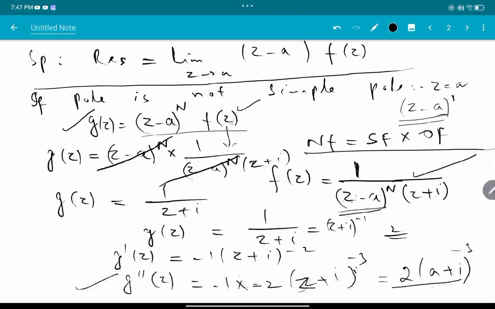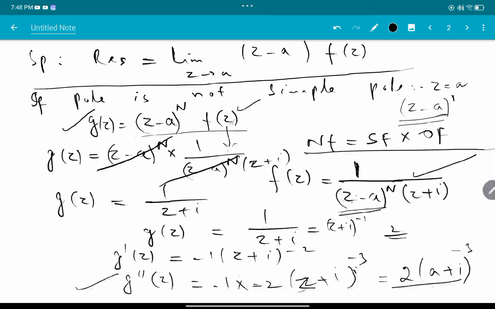This will be our formula. In both cases, you can remember one thing. In one case, you have a simple singularity, a simple pole, so you have z minus a raised to power 1.